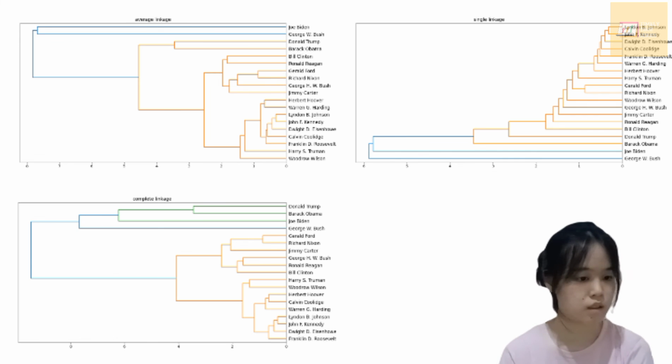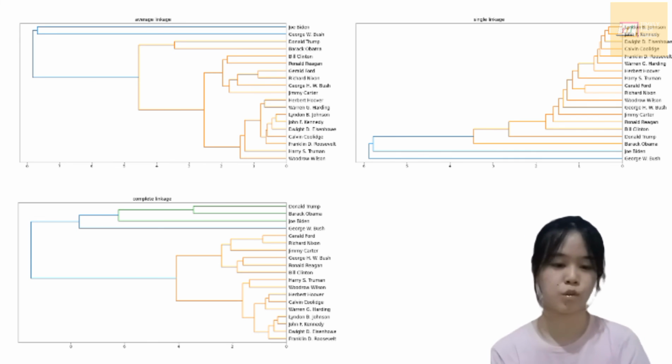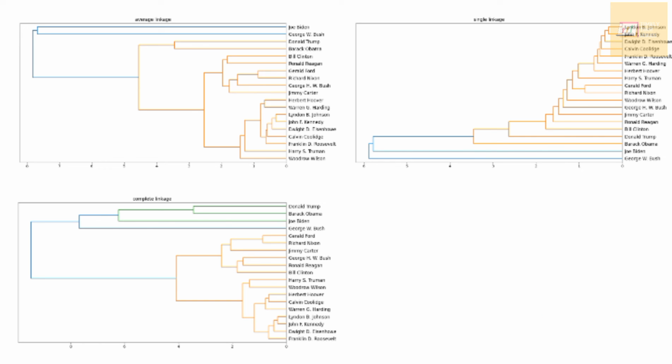And you can see George W. Bush. So the CPI during George W. Bush era is the last to be included. And that's true for the complete linkage and the single linkage. Okay, now let's focus ourselves on the dendrograms that are built using complete linkage.